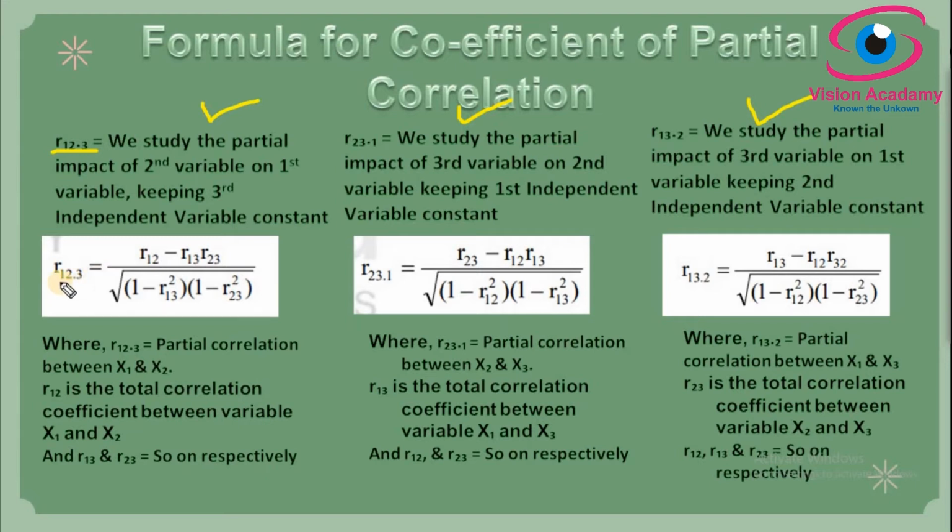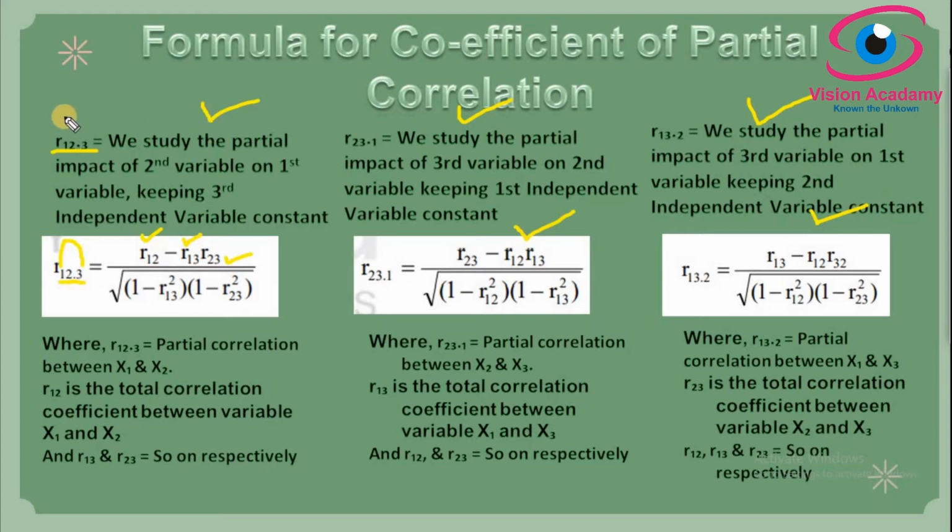For that, I have considered the first 2 variables in the numerator, minus the first and third variable, and later the second and third variable. There is a logic and a sequence, and it will be repeated for all the options given here, for the second option also, and for the third option also.